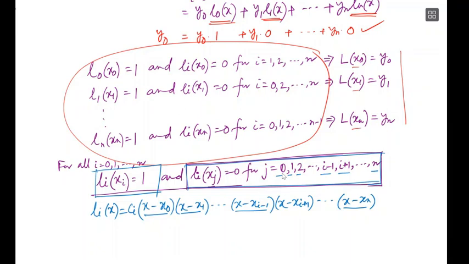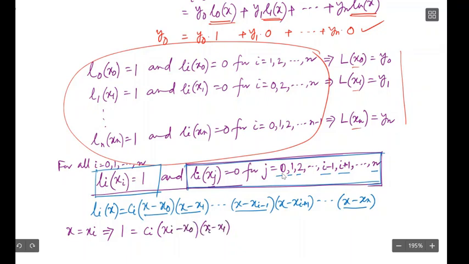So, if you put x equal to xi in this relation, then you get Li(xi), meaning 1, equals to Ci times (xi minus x0)(xi minus x1) up to (xi minus xi minus 1)(xi minus xi plus 1)(xi minus xn).